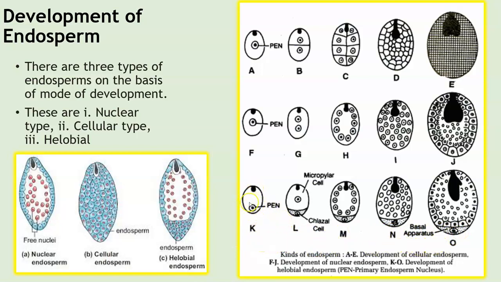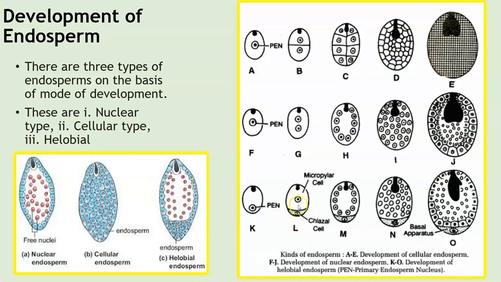You can see here you have your primary endosperm nucleus. Now in this case, there is division of the nucleus, and the wall formation takes place, a transverse wall, but the cells are divided unequally. The smaller end that you can see here is called the chalazal end, and the larger end is called the micropylar end, with the micropylar cell, and towards the chalazal end the cell is called the chalazal cell.